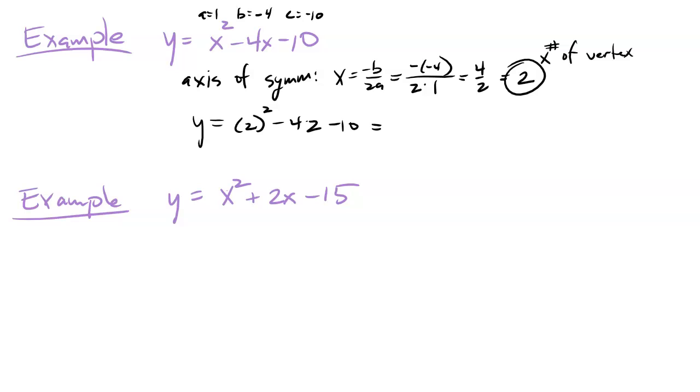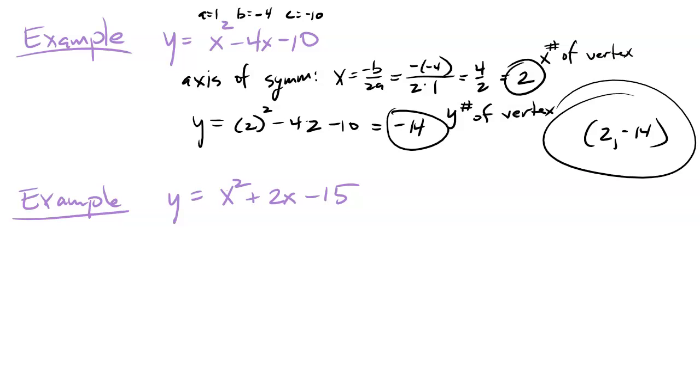So 4 minus 8 is -4, minus 10 would be -14. So this would be the y value. So my vertex is at 2, -14. Good.